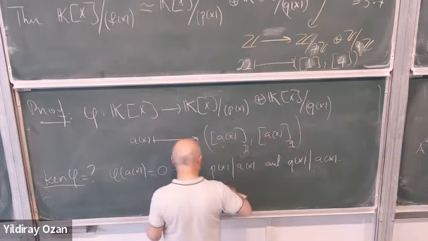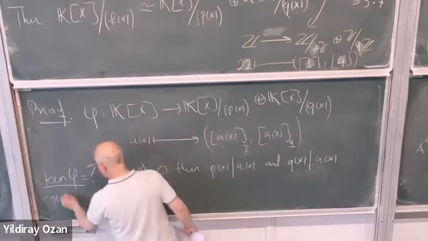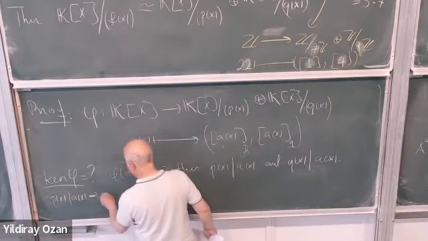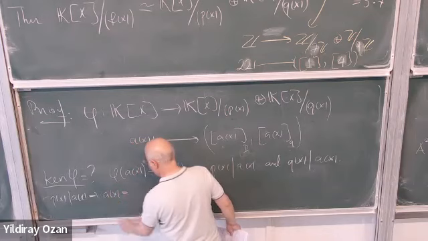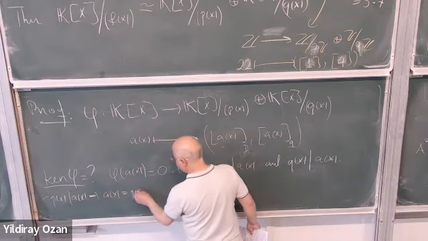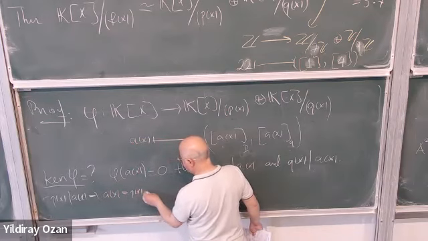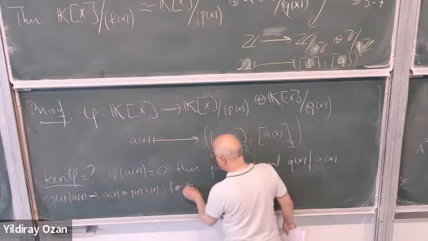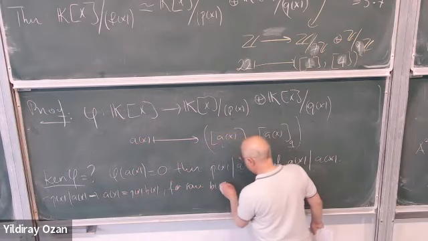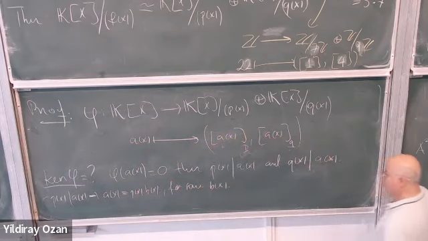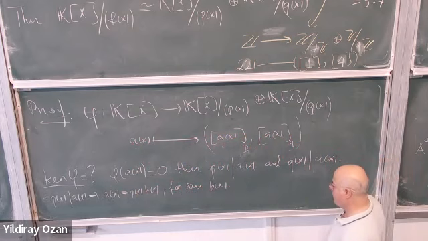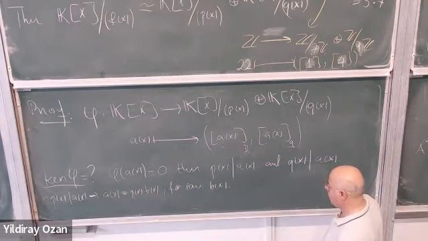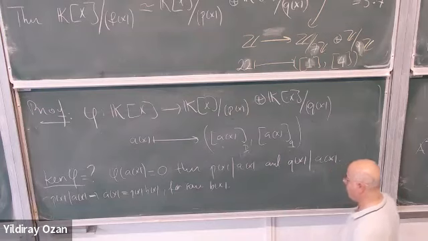So p(x) divides a(x) means what? a(x) is just p(x) times, let's say, d(x), right? For some d(x). But I have also okay.